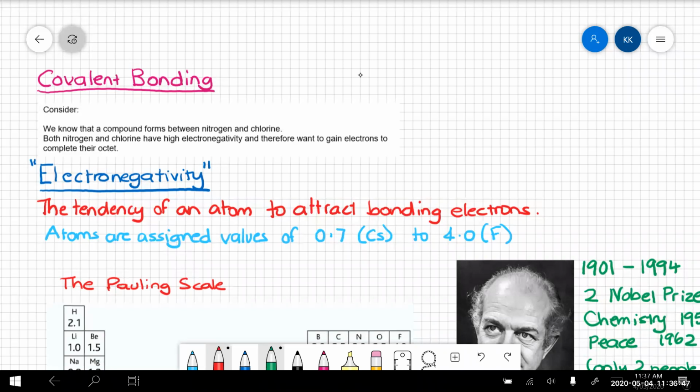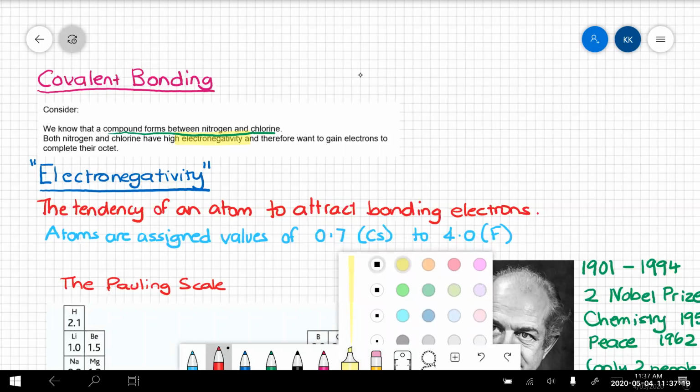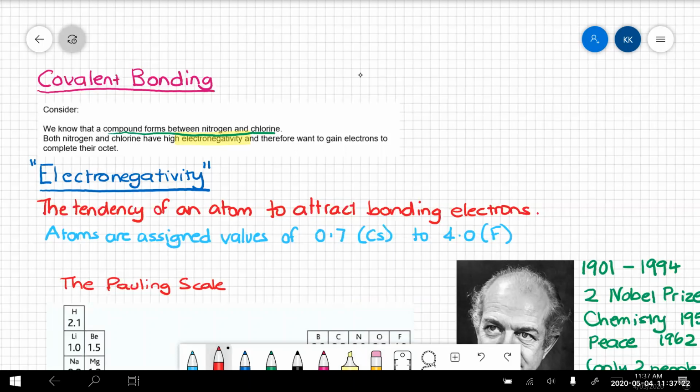Now, we actually know this happens. We know that a compound forms between nitrogen and chlorine. So we need to come up with some bonding model that explains how two non-metals that have high electronegativity, and we are going to spend a bit of time talking about electronegativity today, both want to gain electrons and complete their octet, but somehow they are able to bond.